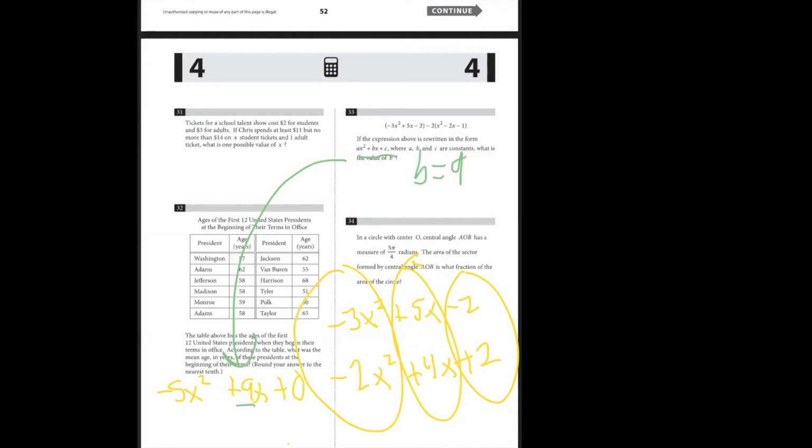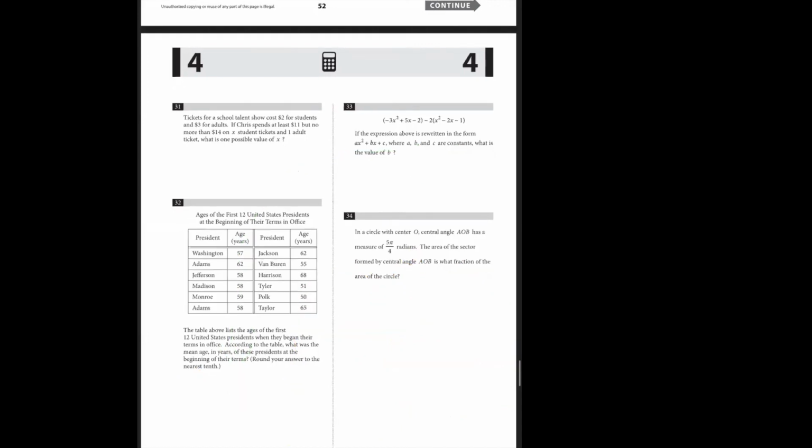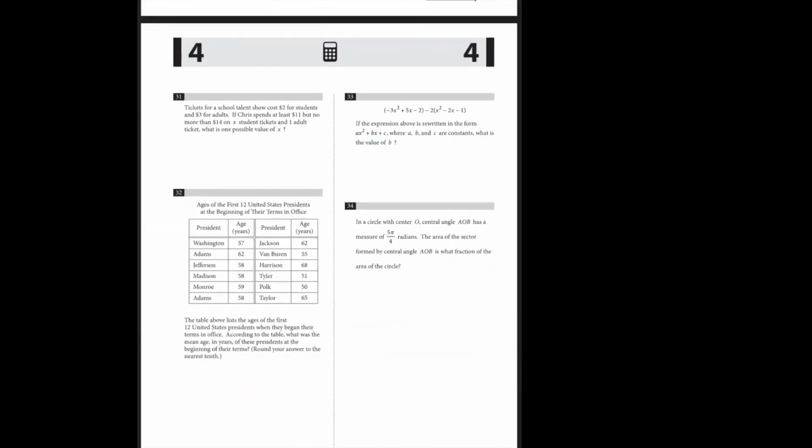All right, let's look at number 34. In a circle with center O, central angle AOB has a measure of 5 pi over 4 radians. The area of the sector formed by central angle AOB is what fraction of the area of the circle? The one thing I will tell you about this problem is that it shouldn't be too hard.